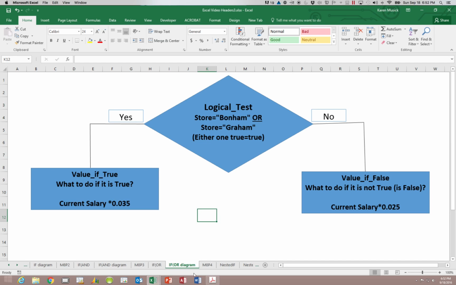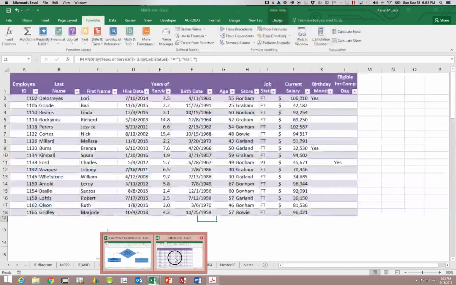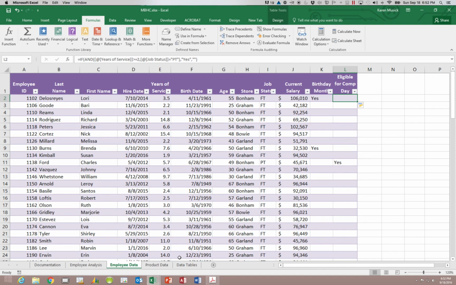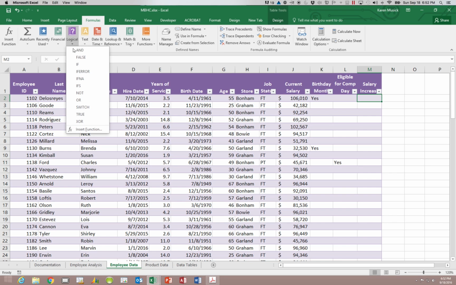So let's go ahead and come back into our MBHC, and we're going to say salary increase as our column heading. Now what we're going to do is start an if statement. So we're going to go to logical and if.